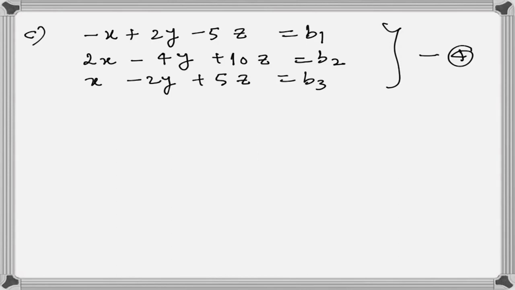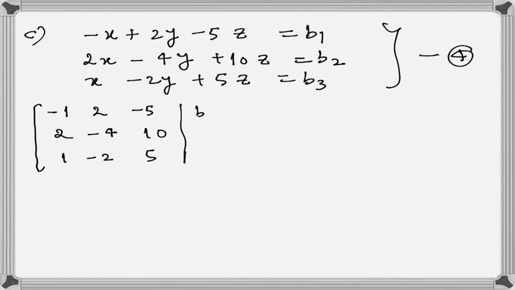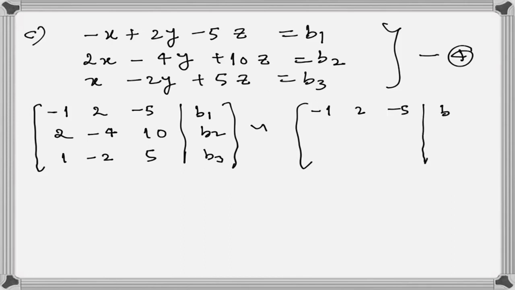Okay, so let's consider the augmented matrix for this system: minus 1, 2, minus 5, 2, minus 4, 10, 1, minus 2, 5, b1, b2, b3. So let's reduce this. We'll just take minus 1, 2, minus 5 and b1.